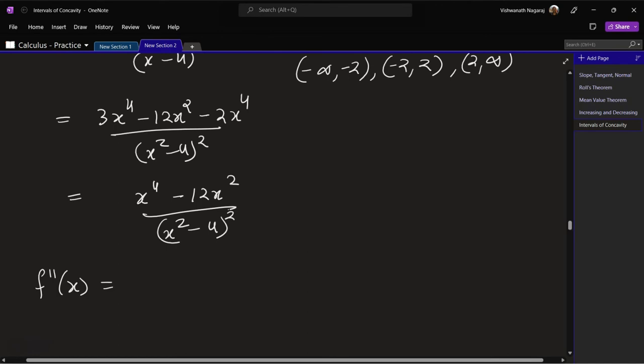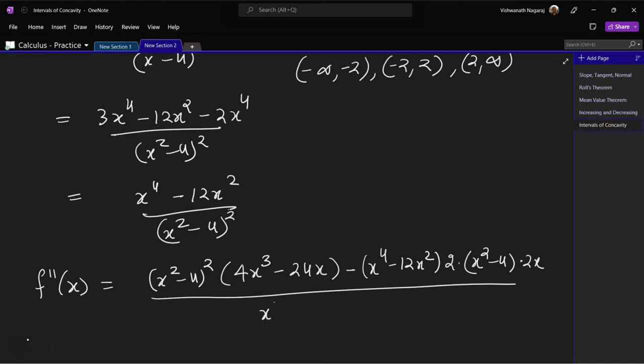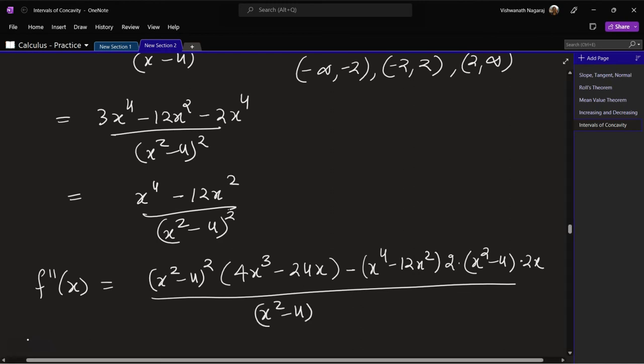F double prime of x is going to be x square minus 4 square, denominator as it is, and differentiating this we get 4x cube minus 24x, minus now numerator as it is, and differentiating the denominator we get 2 times x square minus 4 to the power of 1 times 2x, divided by x square minus 4 square square, that is 4.